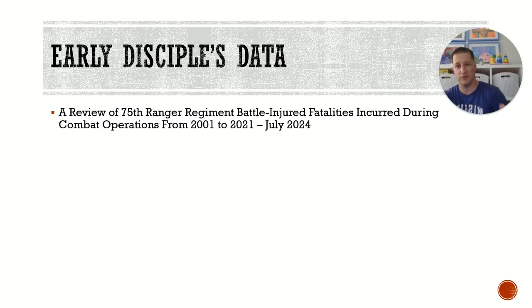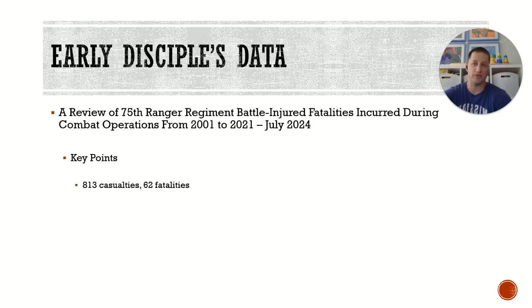This is Military Medicine, July 2024, a review of 75th Ranger Regiment battle-injured fatalities during combat operations over 20 years. This is 20 years of data. Key points: 813 casualties, 62 fatalities. The Ranger Regiment is a much smaller force than massive units like the 101st Airborne and 82nd Airborne, but it's a fair amount of casualties and fatalities.